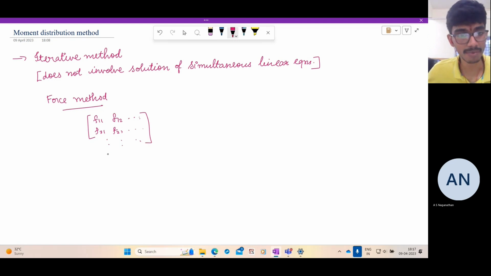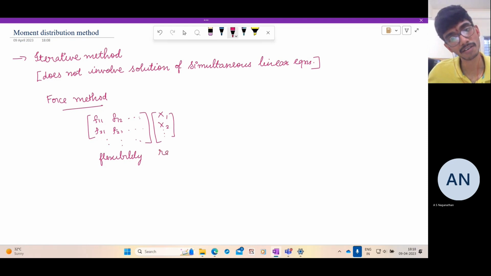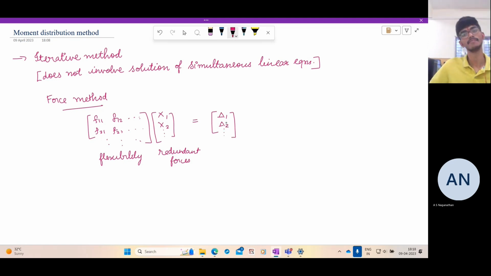We had what is called the flexibility matrix multiplied by the unknowns, which are the redundant forces, equal to the prescribed displacements at the nodes, D2L and so on. So in this case, we had a linear system of size ns cross ns. We had ns number of unknowns, and we have to solve for them.